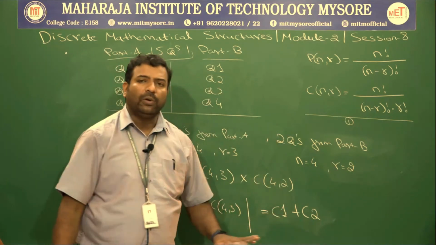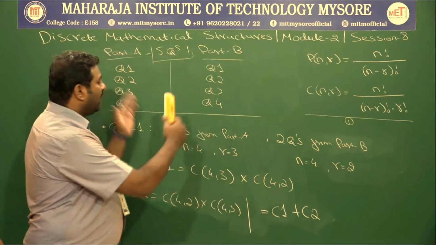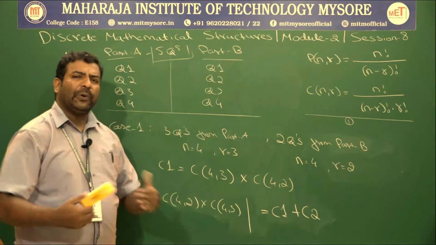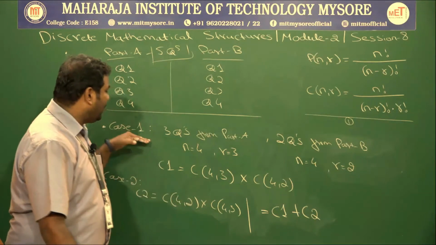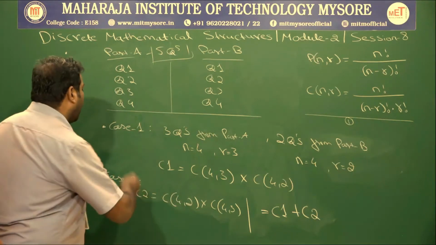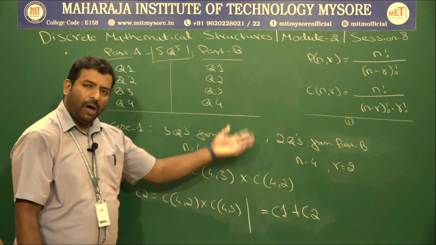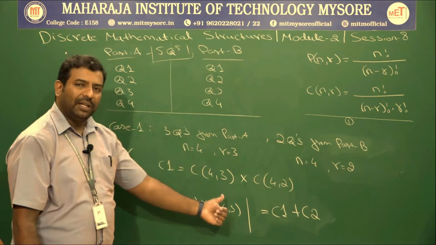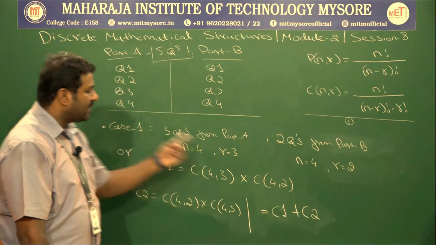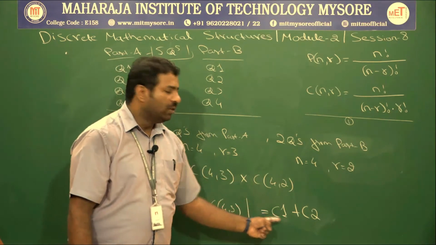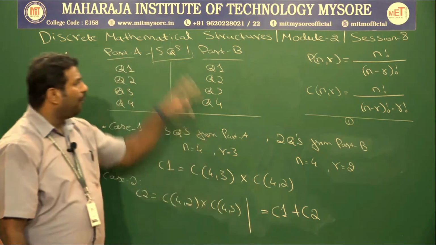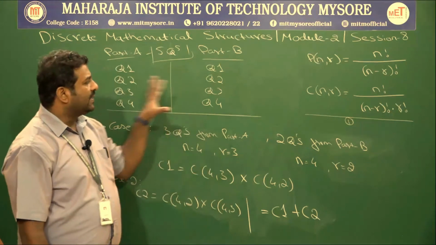Sorry, I am using the sum rule here, because the tasks, case 1 and case 2, need not be done at the same time. I do either case 1 or case 2. I choose 3 and 2, or I choose 2 and 3. Hence I am going to use the sum rule. This is going to be the final number of ways in this case.